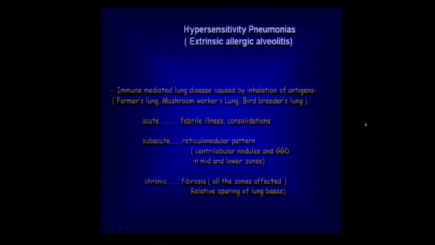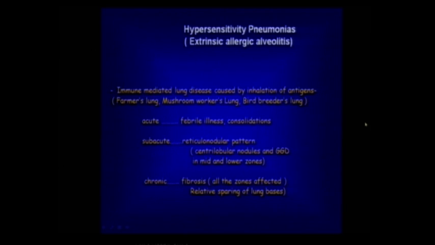Just have a look at hypersensitivity pneumonia also, or called extrinsic allergic alveolitis. Just to refresh your memory, this has got a list of some 250 diseases, that is, exposure to various antigens, especially bird fanciers disease and various chemicals and all those things. But basically they are divided into 3 types.